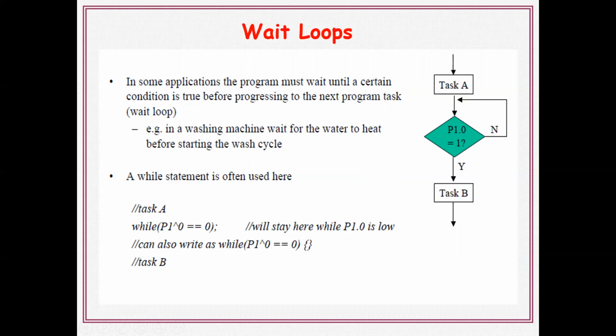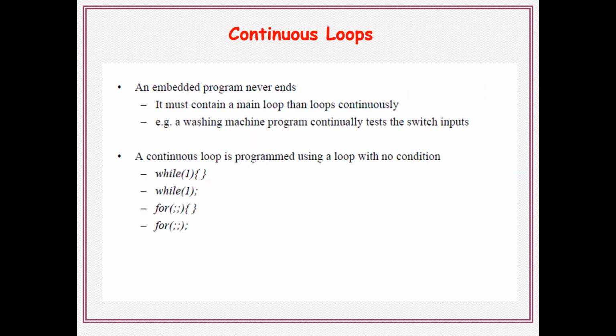One is if, second one is wait loops, third one is continuous loops. An embedded program never ends. It must contain a main loop that loops continuously. For example, a washing machine program continuously tests the switch inputs.